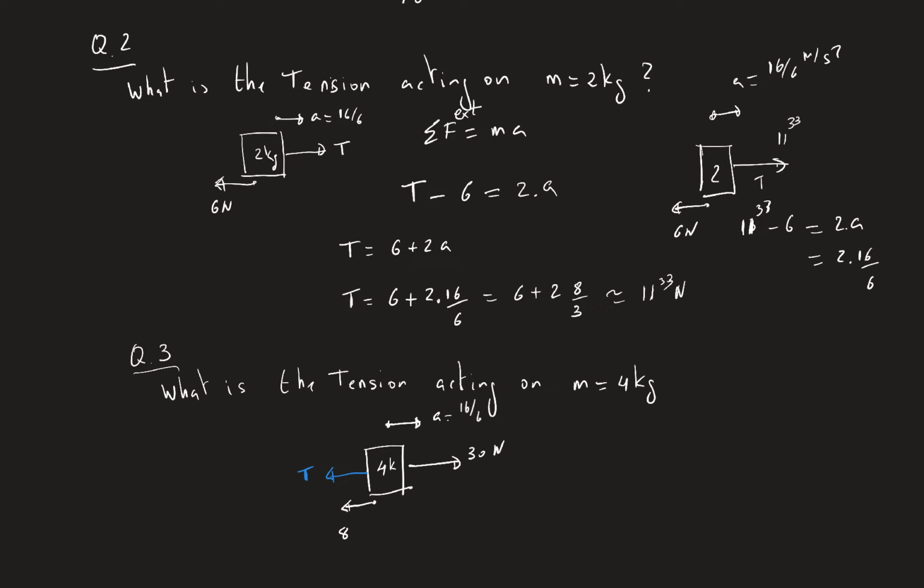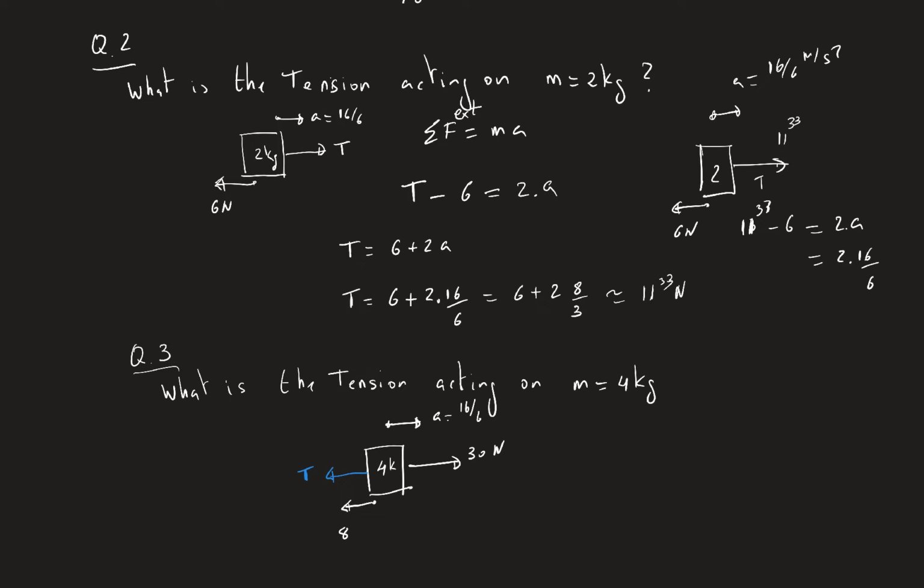Now you will say, okay, what are the forces acting on the body? I see the 30 to the right, this 8 to the left, the T to the left. I see the mass 4 kilograms and the acceleration.